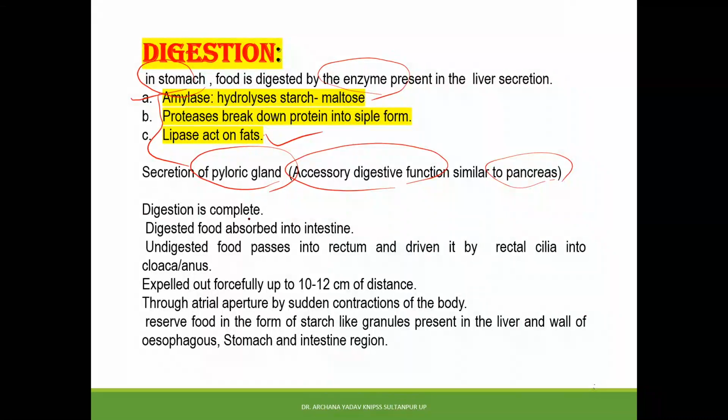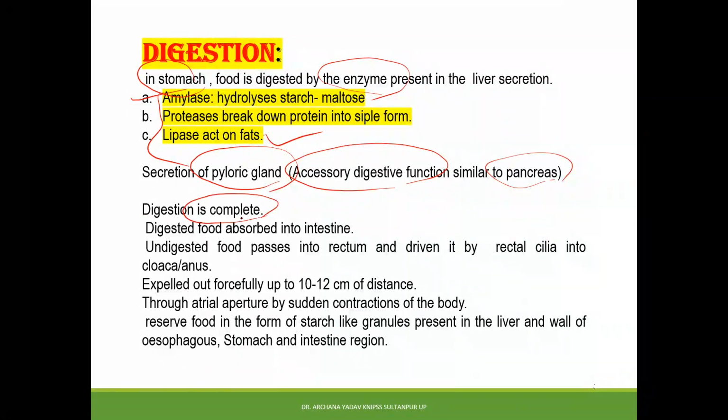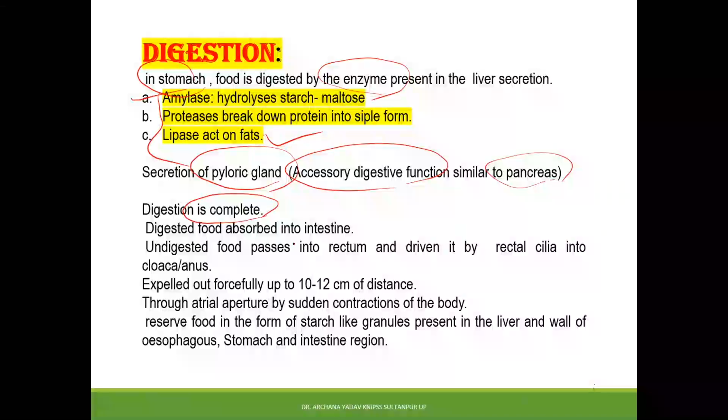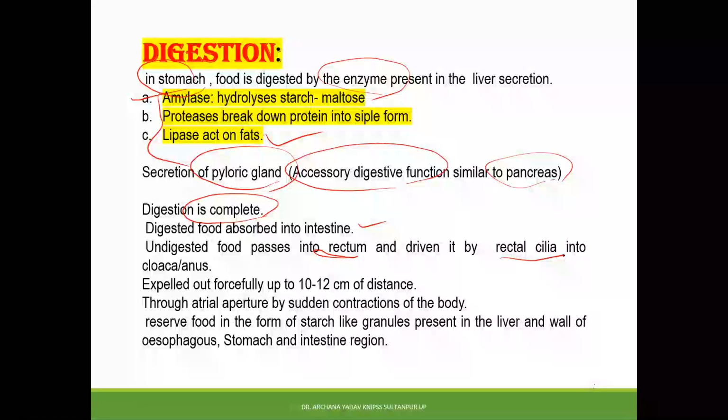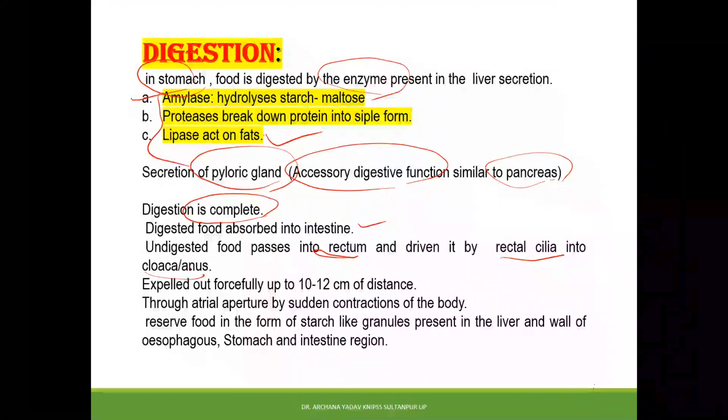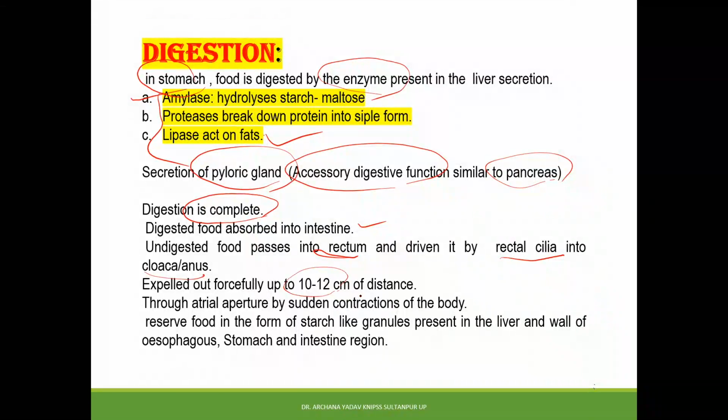So digestion is complete. Now the digested food is absorbed into the intestine, and the remaining undigested food passes into the rectum, and through the rectal cilia it goes toward the cloaca, and they expel it forcefully up to 10 to 12 centimeters of distance by sudden contraction of the atrial aperture.